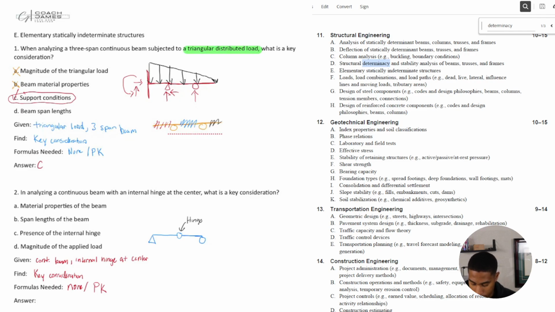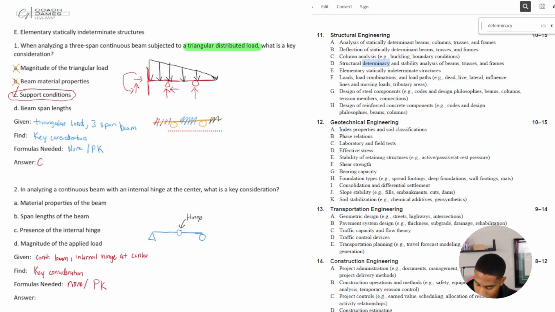So when you're analyzing this, would the material properties of the beam be a key consideration? No. I mean, it's something you would need to know, but it's not the most key thing. Right? So the span lengths of the beam?